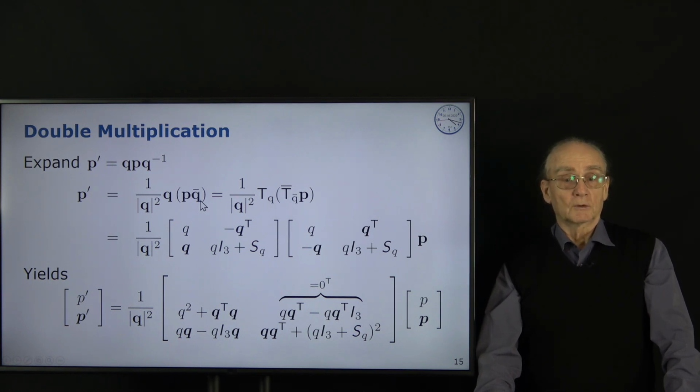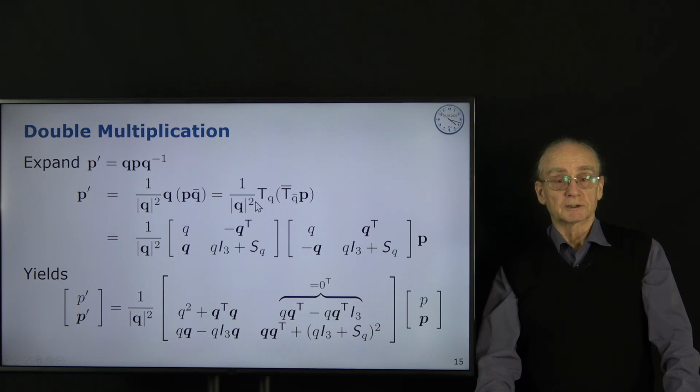Now we apply our rules with our matrices. So we have this vector, and we have to multiply Q with this quaternion, which is the multiplication matrix T of Q multiplied with this expression. And this expression is the multiplication of P with Q bar. Now we would like to have the P on the other side.